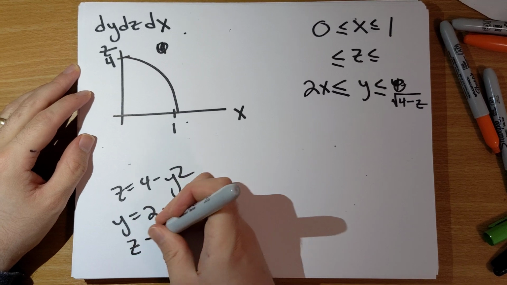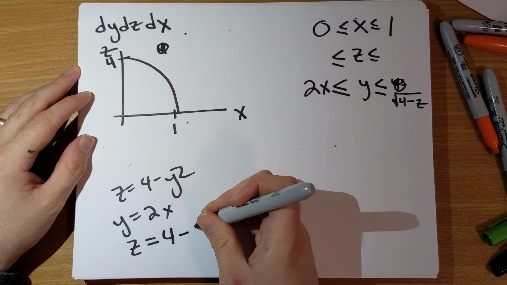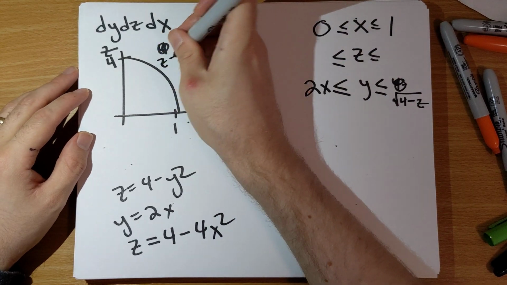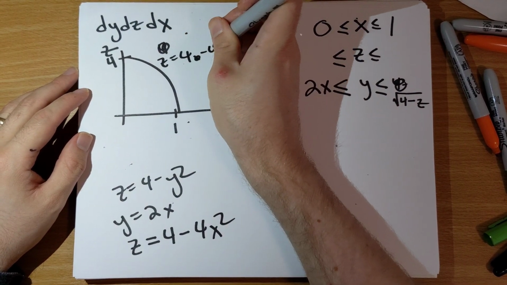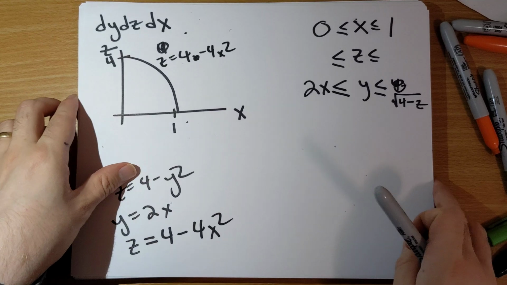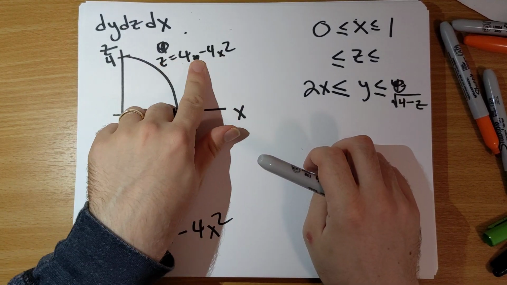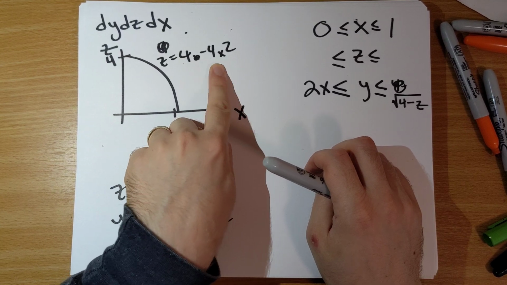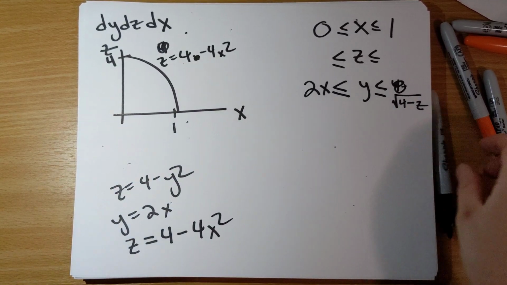This gives us z is equal to 4 minus 2x quantity squared, which is 4 minus 4x squared. And just a quick sanity check here. When x is 0, z is 4, great. When x is 1, 4 minus 4 times 1 squared is 0. That checks out.